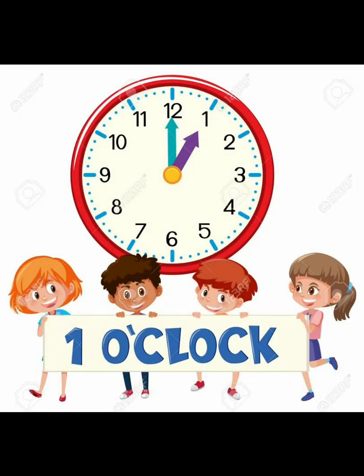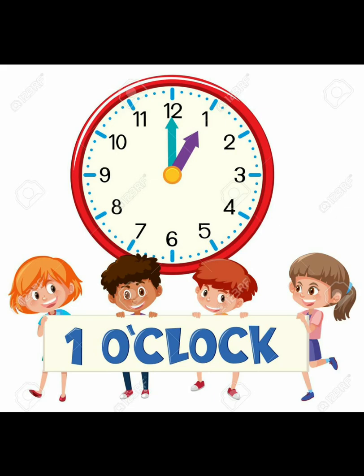Now we will learn how to see the time in a clock face. See beta, look at this picture. Can you see where the long and the short hands are? Yes, the short hand is on number 1 and the long hand is at 12.